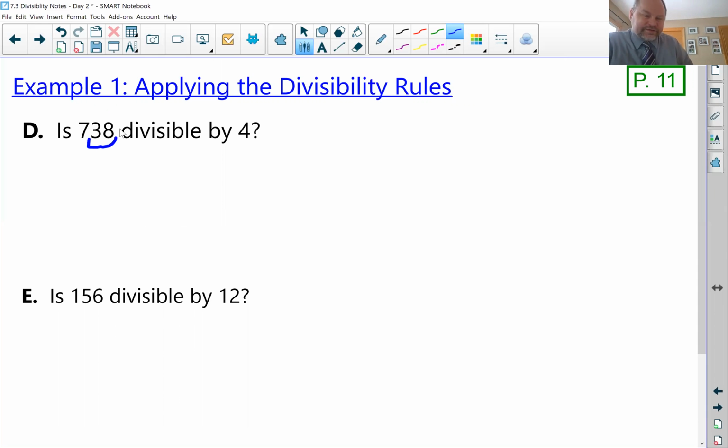Is 38 evenly divisible by 4? No, 38 is not evenly divisible by 4.